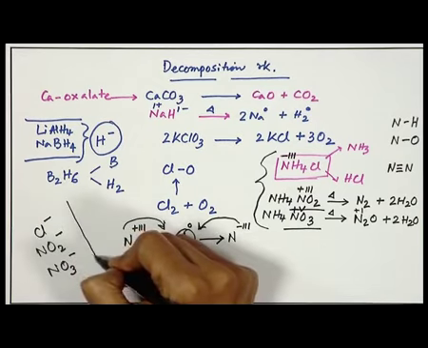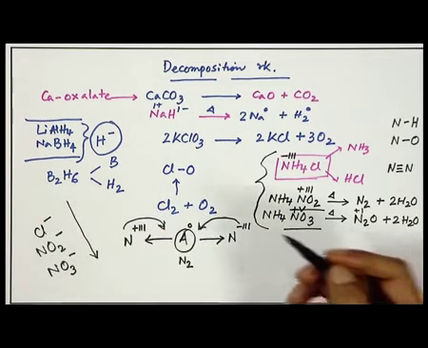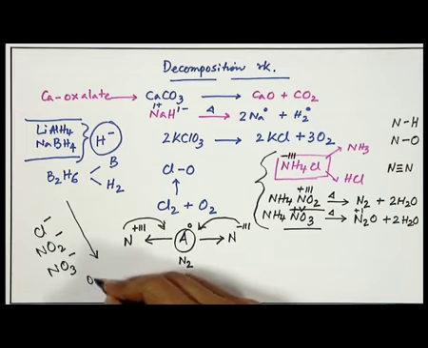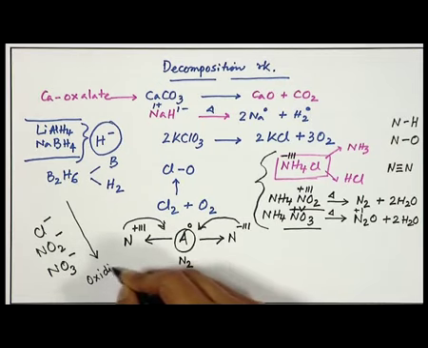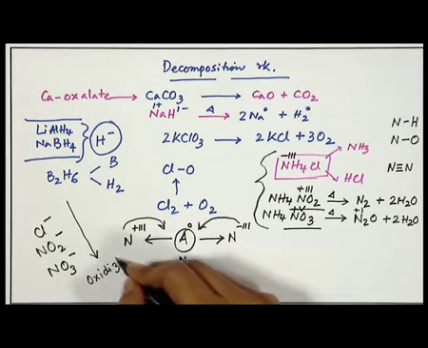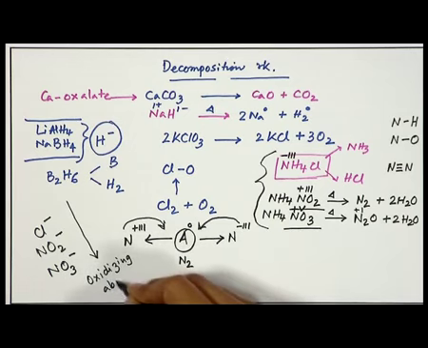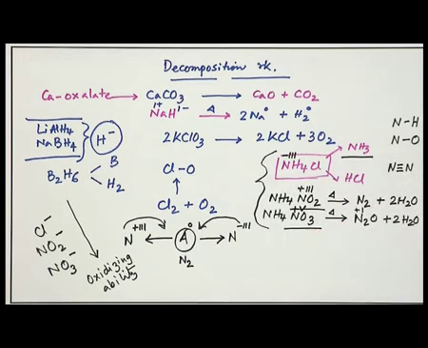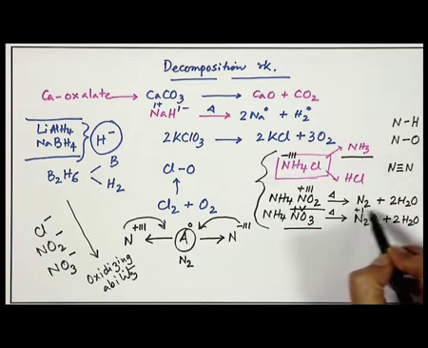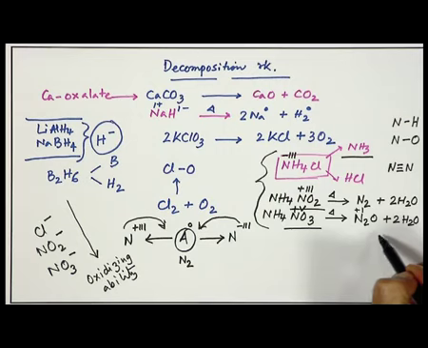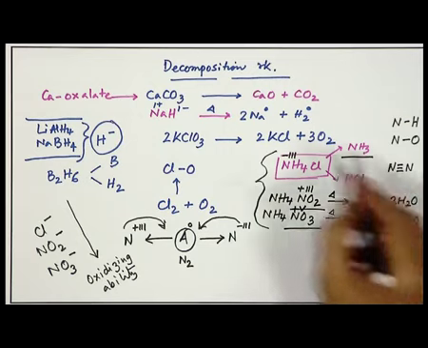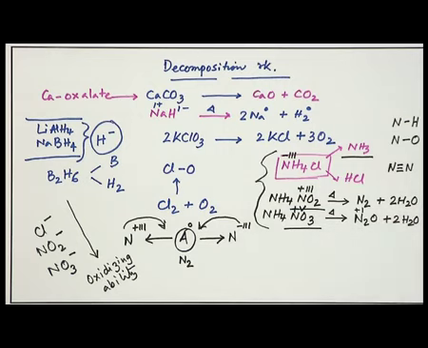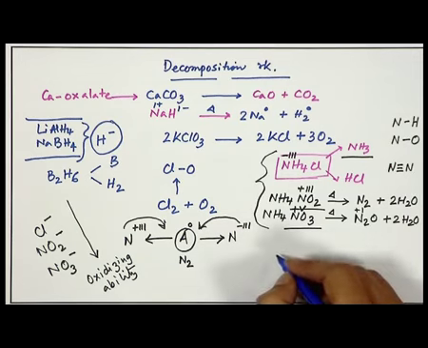How good they are depends on the corresponding oxidizing ability of these oxidizing anions; this oxidizing ability is increasing. That is why we are getting these different products. That means, ammonia we are getting in one case, nitrogen in another case, and N2O in another case.